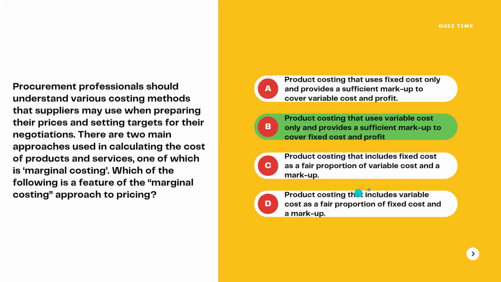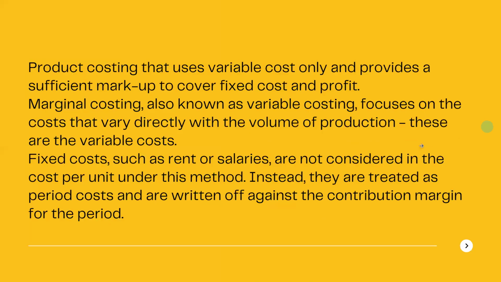No, not correct. Variable costs are just variable costs. They are not a fair proportion of anything. Therefore, you need to learn how to read the options correctly. So congratulations to anyone who answered with B.